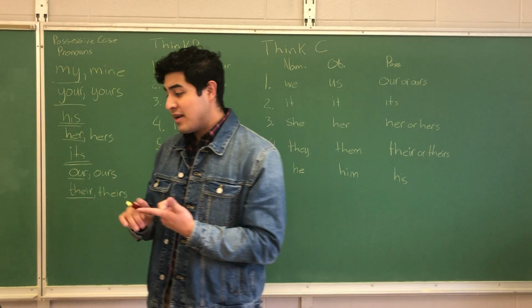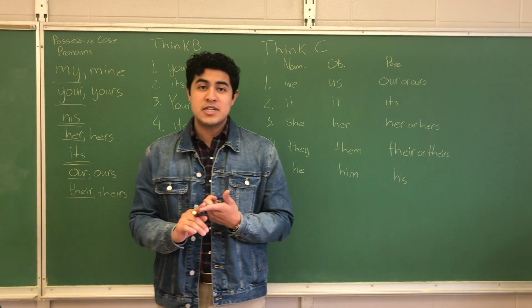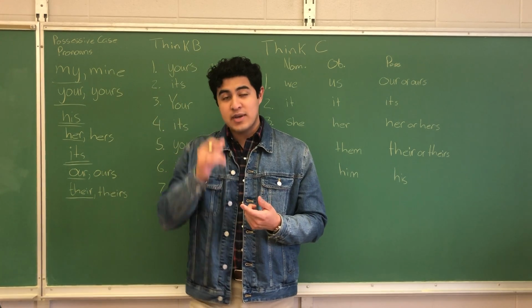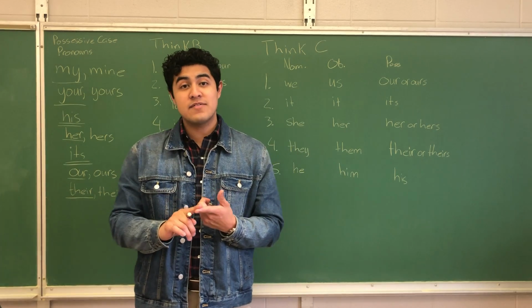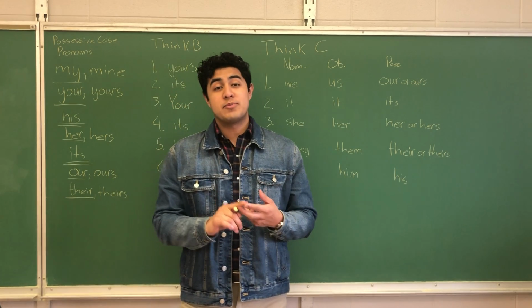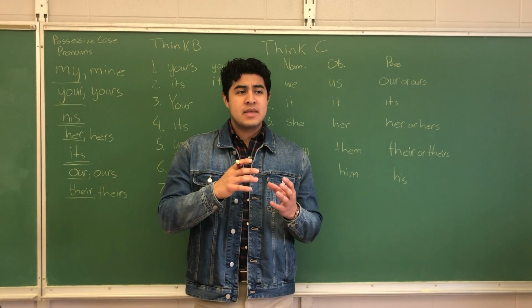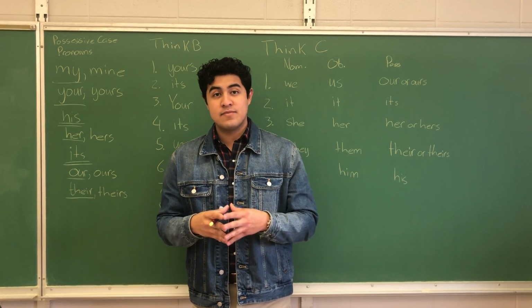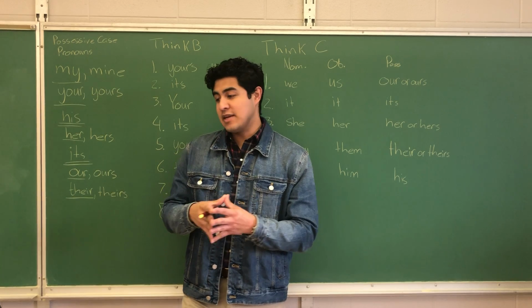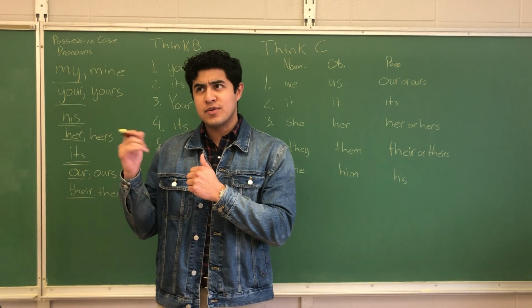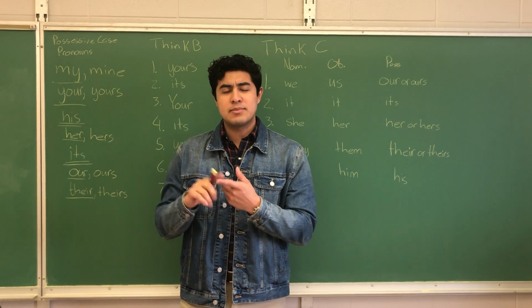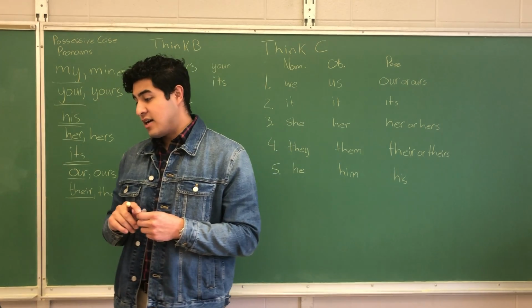Here we see that the nominative case functions as a subject and a predicate nominative, okay? So it's either gonna be the subject of the sentence or a predicate nominative. And remember, the predicate nominative is a word that follows a linking verb, okay? Not an action verb, a linking verb. We learned that for chapter number 8, I believe, a couple weeks ago.